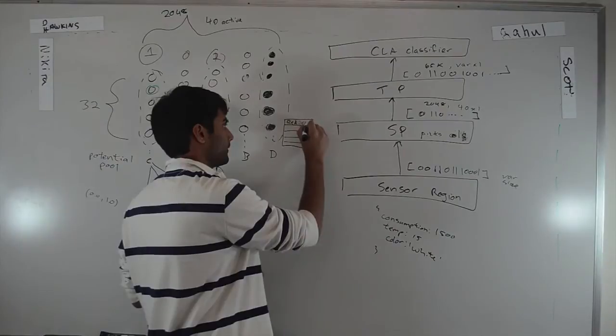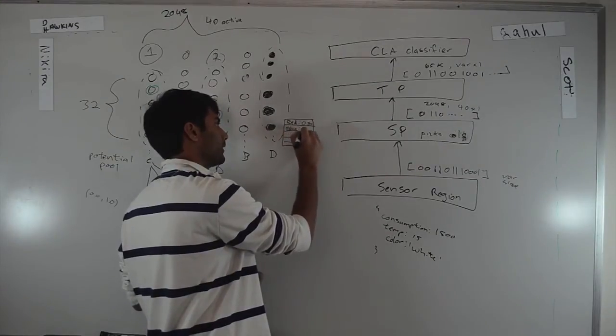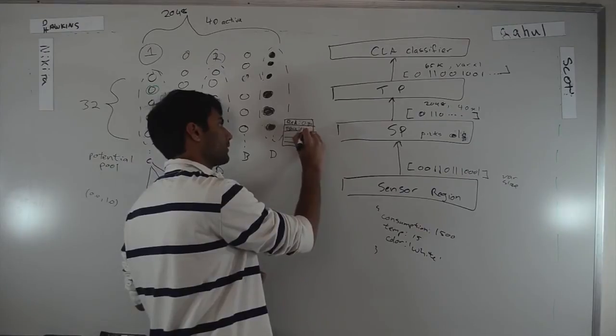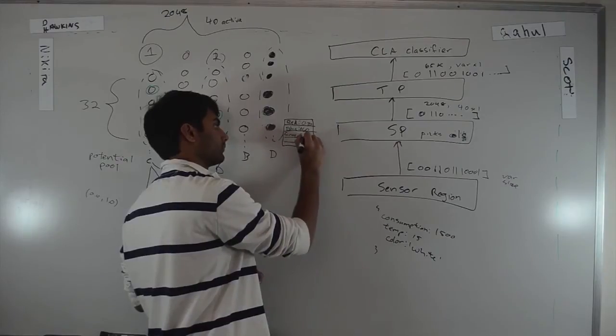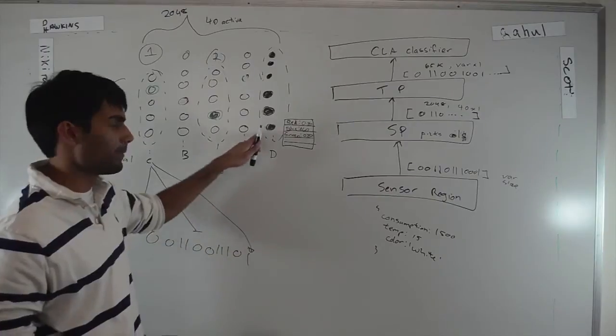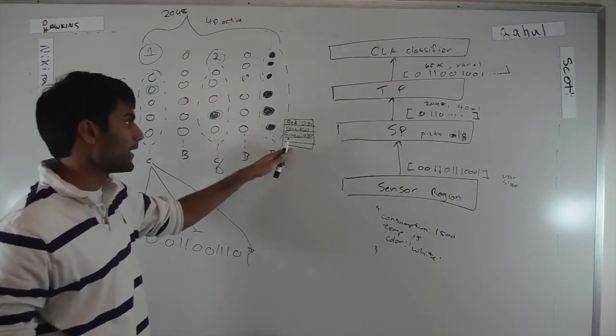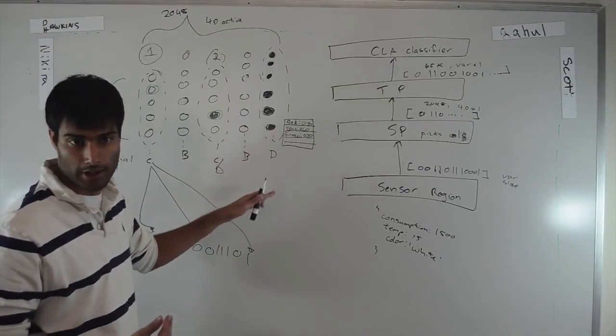That was 20% of the time. How often was it blue? 60% of the time. Like that. So every time I'm active, what was the value of the predicted field? I'm going to keep a little histogram basically.